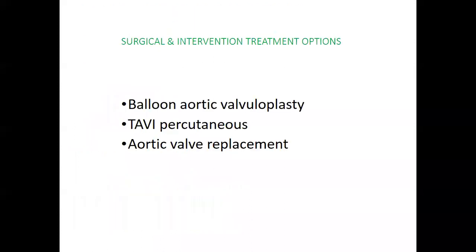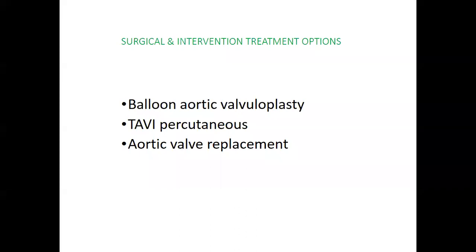So what are the options for a patient who has aortic valve stenosis, how can the valve be opened? We have the balloon aortic valvuloplasty. This is one option by which we can open the aortic valve. And the latest and new procedure that can be performed percutaneously is the TAVI. This is a very emerging new technology.